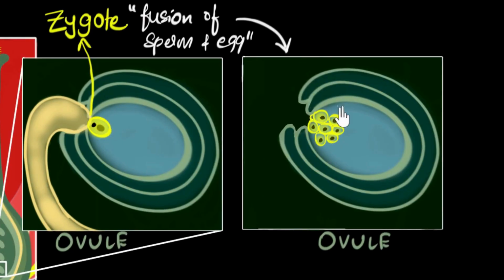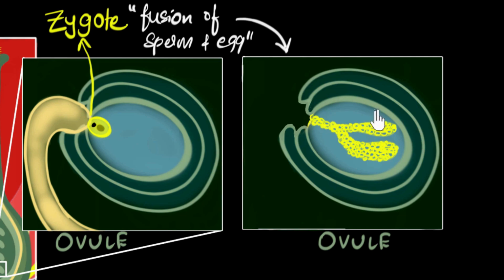It's dividing into many more cells. And eventually you will find that the zygote would eventually have divided into many cells to give us this kind of structure. This structure is now ready to grow a future baby plant.